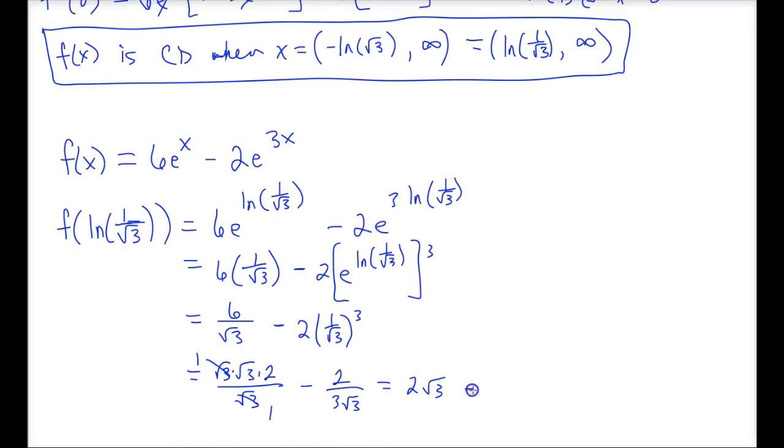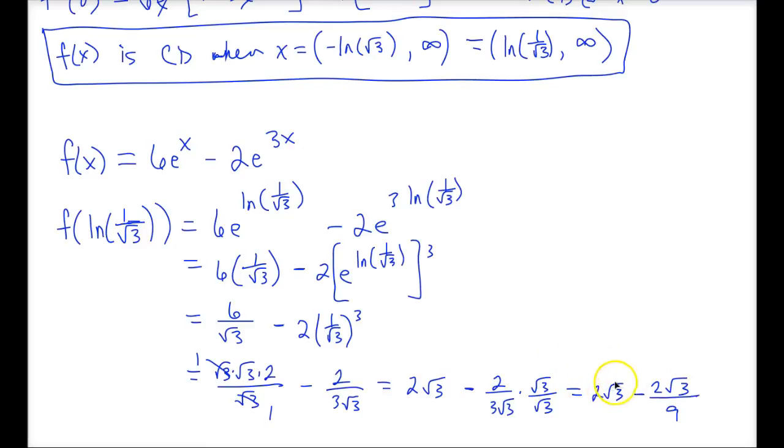2 times square root of 3 minus 2 over 3 root 3. And I guess I'll just do this to rationalize. It would be 3 root 3 divided by 3 times 3 root 3, which would just be 9.